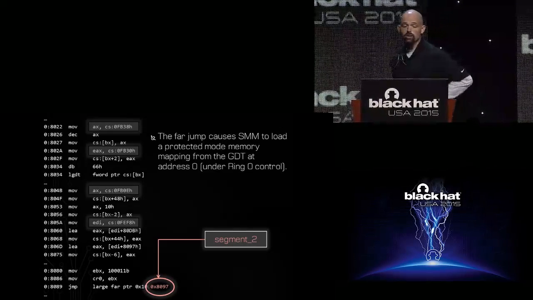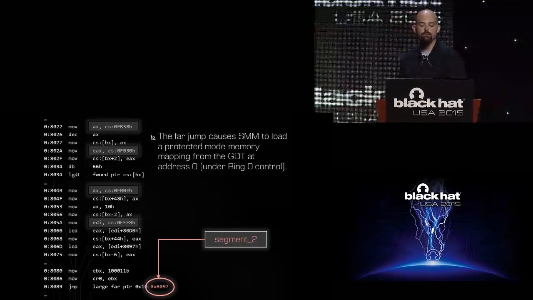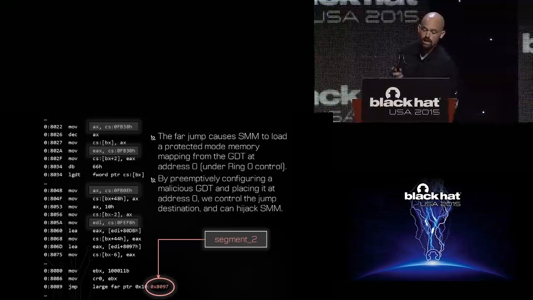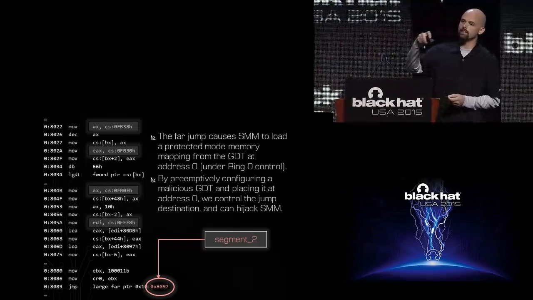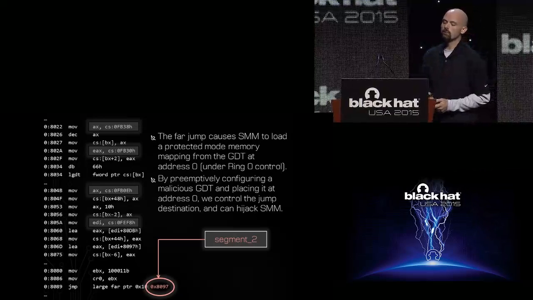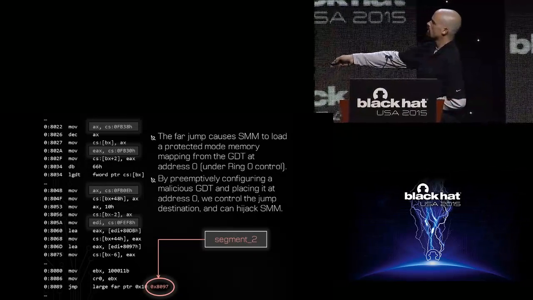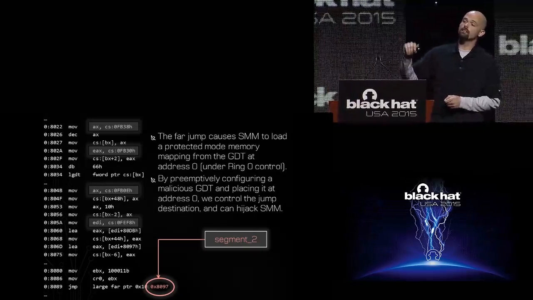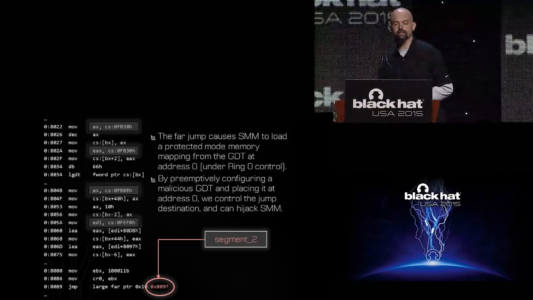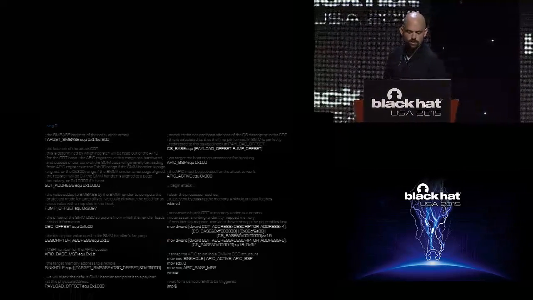So that far jump caused SMM to load a protected mode memory mapping from the GDT under our control. And if we were to preemptively configure a malicious global descriptor table and place it right at address 0, then we could control exactly where this jump is about to go. We could force it to jump outside of SMRAM to code that we control to hijack the processor in ring -2. So this is what our payload looks like in this situation.